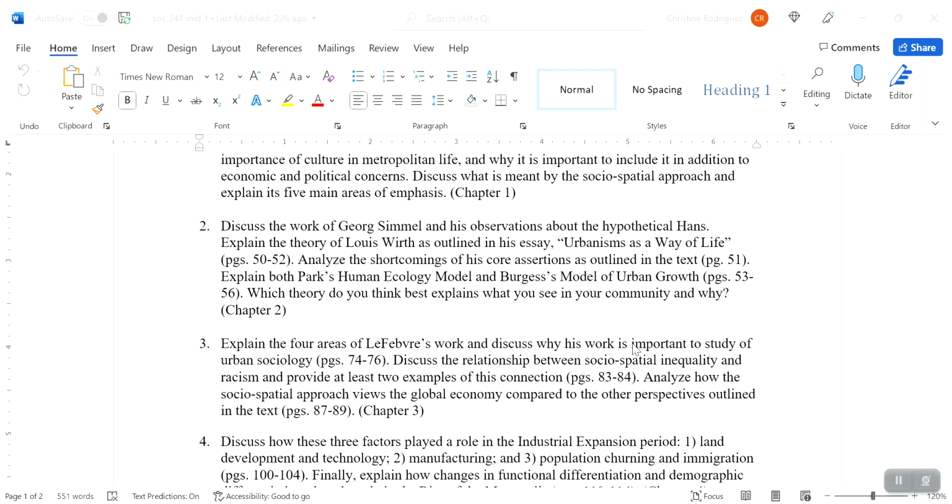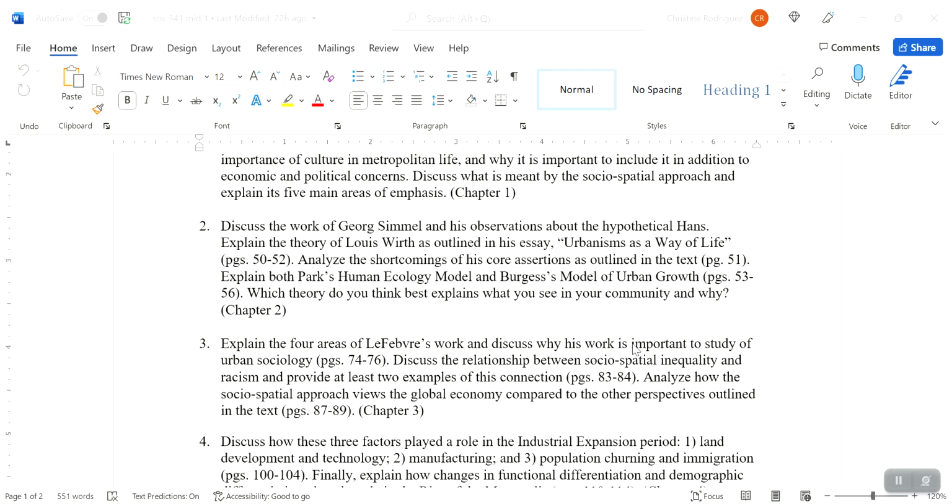However, of course, there's a discussion as well in the chapter about some of the shortcomings of his core assertions, and why urban sociologists today are less enamored or believe his work has less merit. And there's a page number for you to go back as a reference.